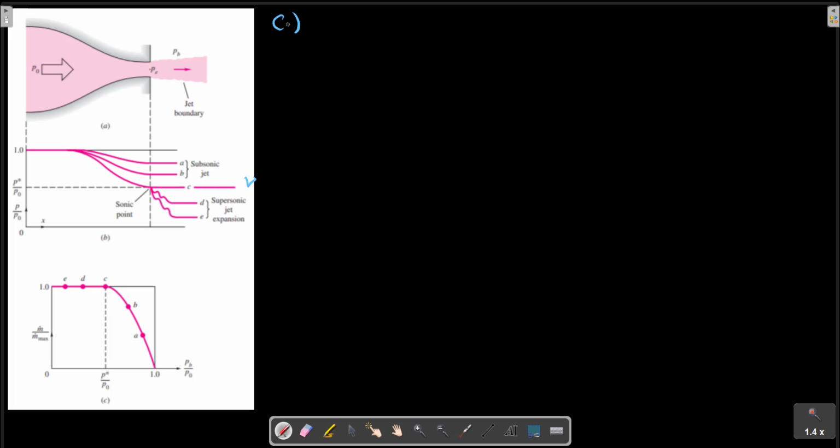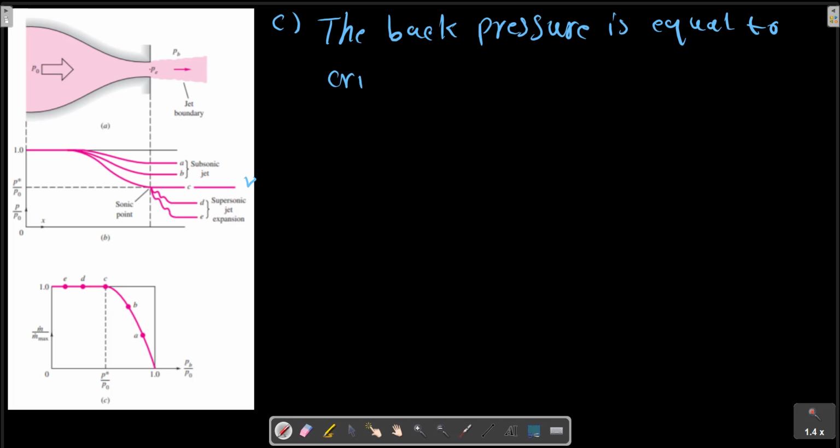The back pressure is exactly equal to the critical pressure, P star.